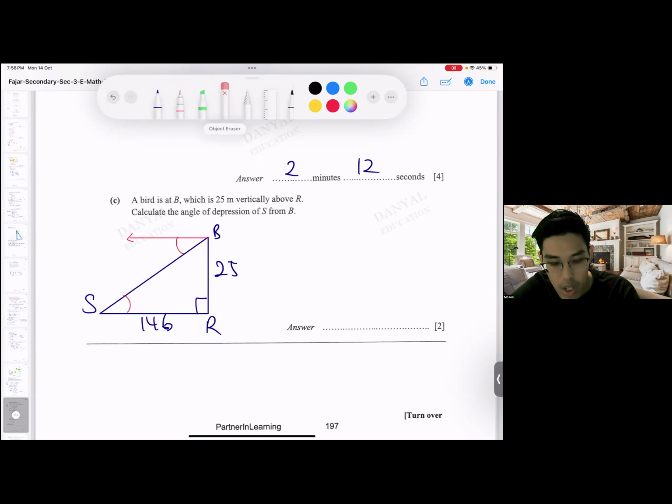So for here, all you need to do is basic trigo. Tangent of BSR is equal to 25 over 146.